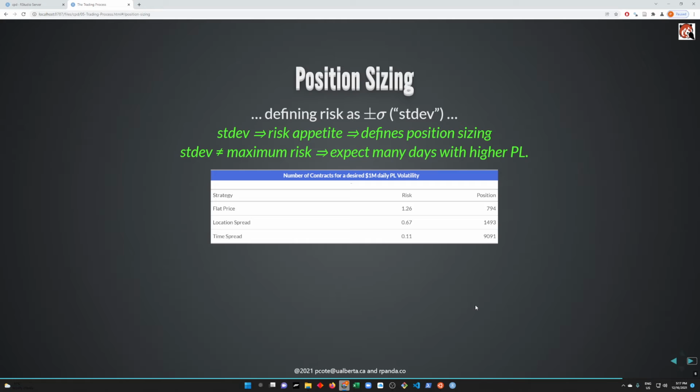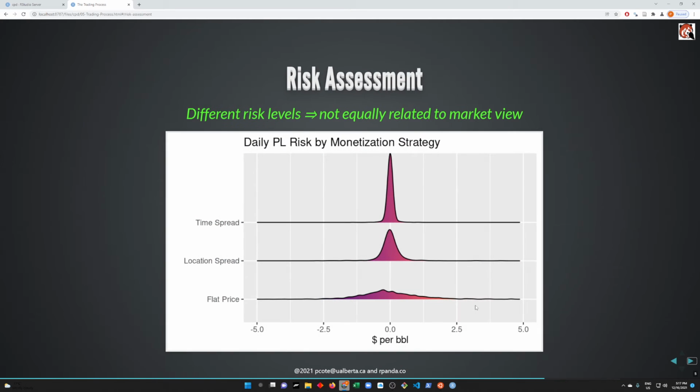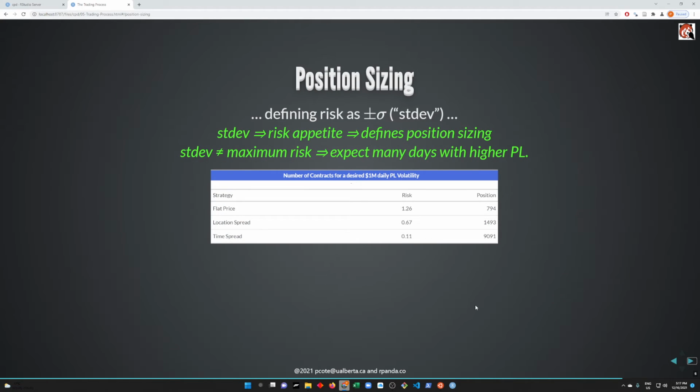The question we often get is, once we have those assessments, this gives us risk level in units per barrel. But the question we really have to answer is, how many contracts do we want to buy or sell? A simple rule of thumb to size a position or define your risk appetite is to work backward from your appetite in terms of daily gains or losses.